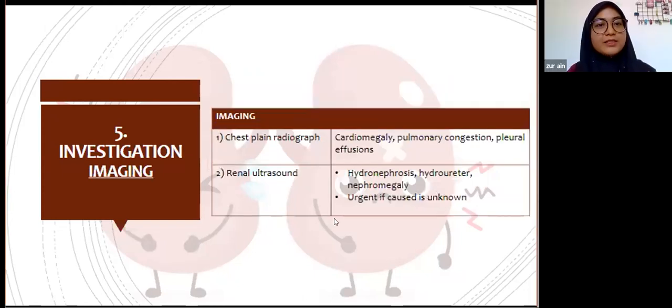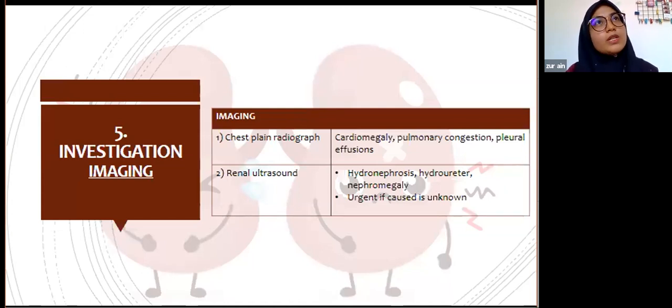The next investigation is for imaging. For chest plain radiograph, usually we do it to reveal any fluid overload signs such as cardiomegaly, pleural effusion or pulmonary congestion. While for renal ultrasound, usually for post-renal etiology, in which we want to see any urinary obstruction, which can be revealed by hydronephrosis or hydroureter.